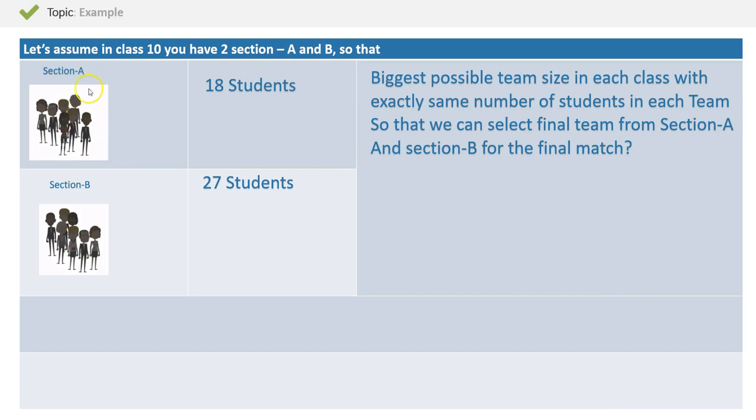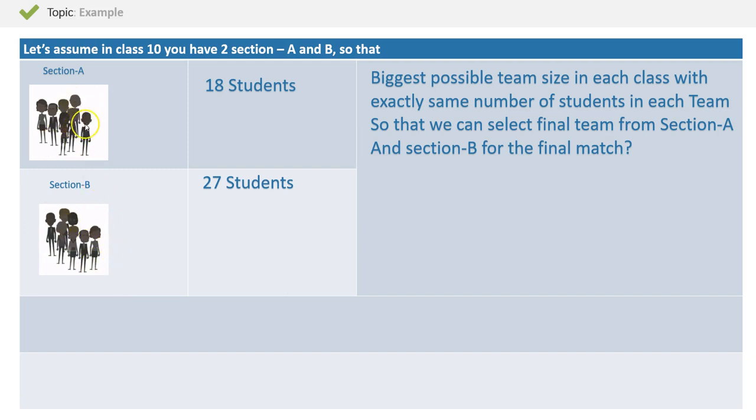So you have two classes, section A and section B. Section A has 18 students, section B has 27 students. Now you create teams from section A and let them have matches within section A. You create another group of teams in section B and let them have matches together.